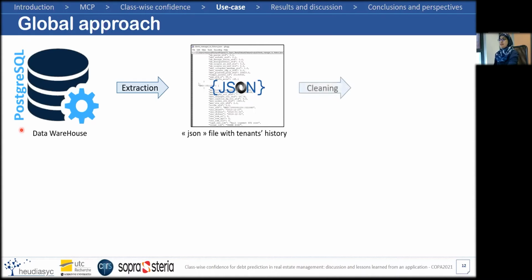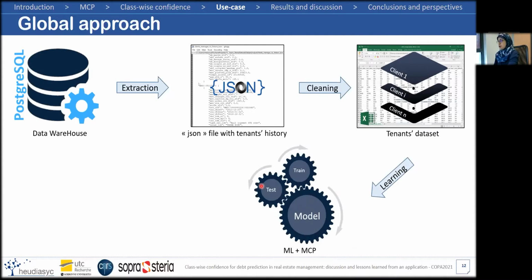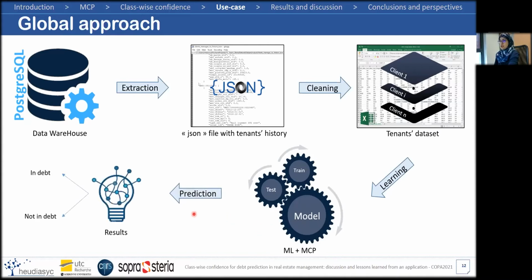Then we do a cleaning and pre-processing step to have a final data set that we can actually use for learning. And so we go to the ML and the MCP part of the global approach, where we choose the model, train it, and test it. Then the objective is to go to the prediction or operational phase of this project in order to have the results of tenants being in debt or not in debt.